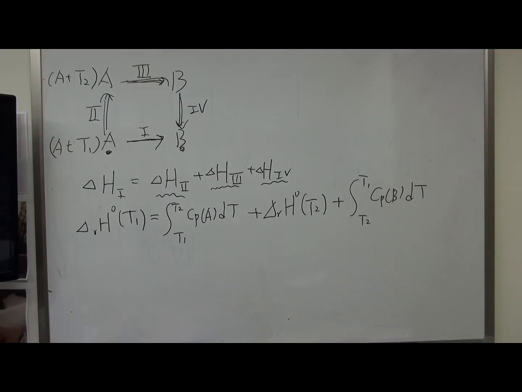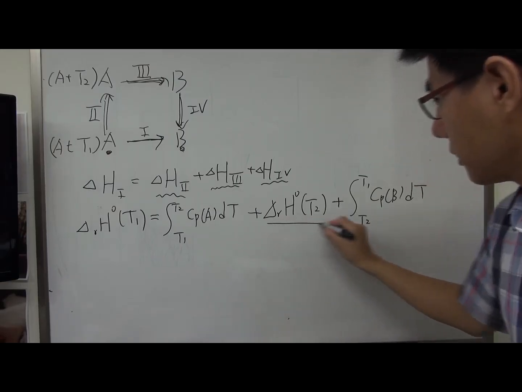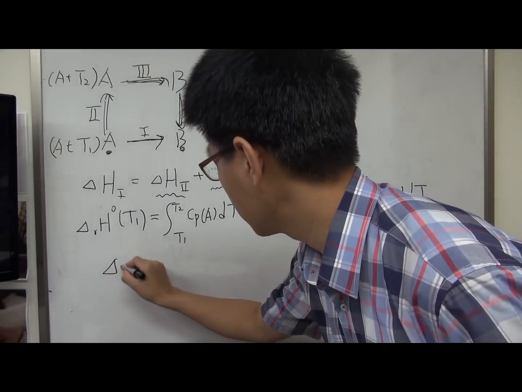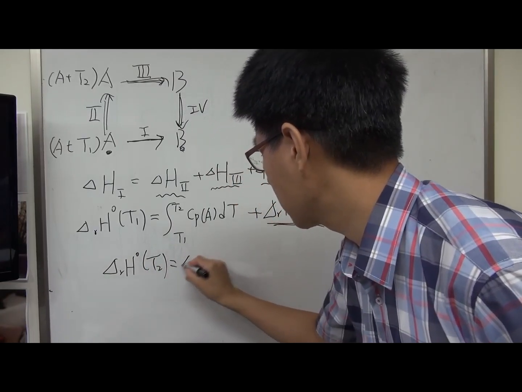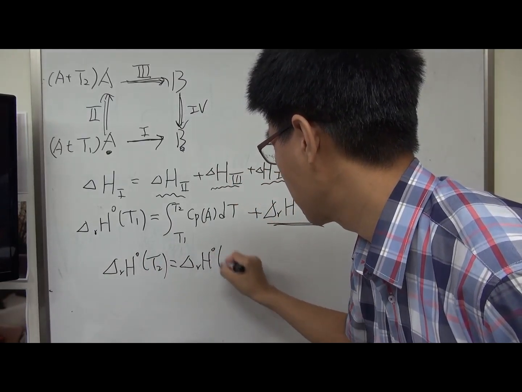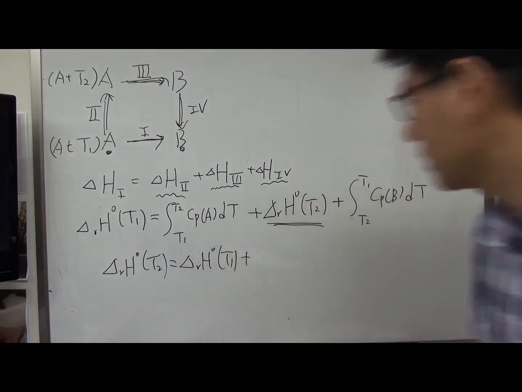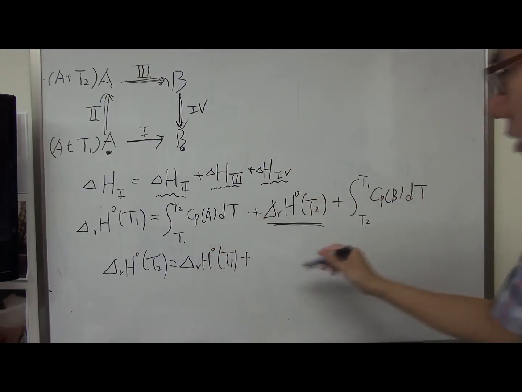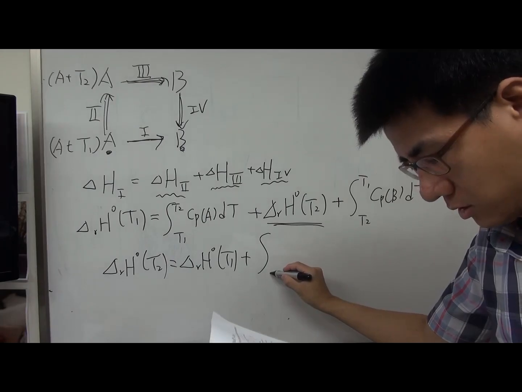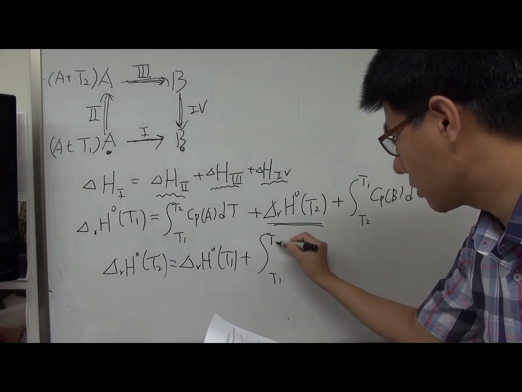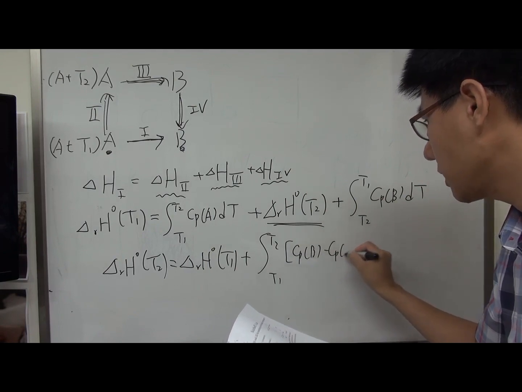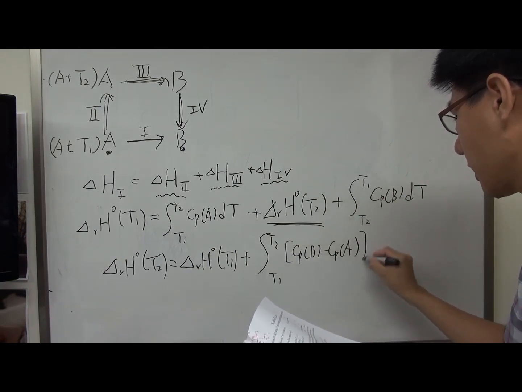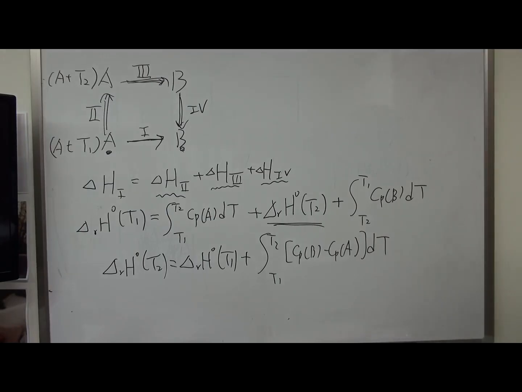Okay, so if you rearrange it as a function of this one, the standard reaction enthalpy at T2 is equal to that at T1 plus, if you combine these two integrals, the integral from T1 to T2 of (Cp,B minus Cp,A) dT.